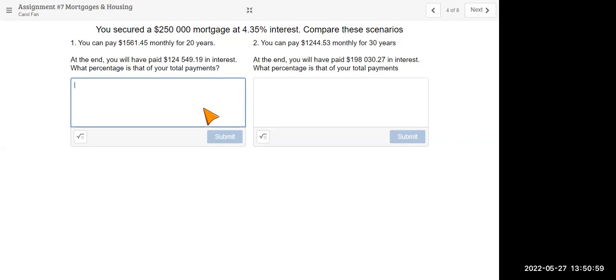Okay, so let's find out what our total payment is. We know that the borrowed amount is $250,000. Total paid, we're going to take $1,561.45 times 12 times 20. Altogether, $374,748.